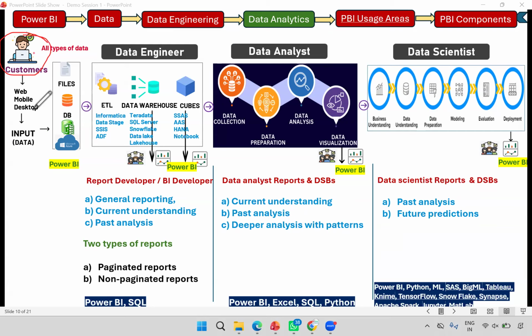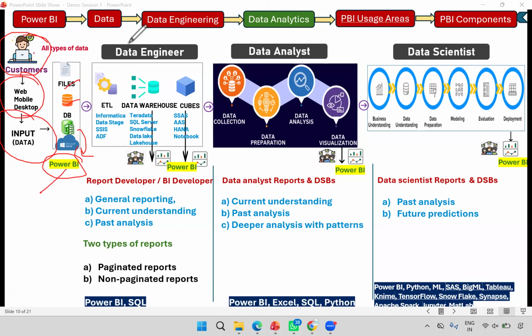General customers, different applications, input data, your data stored, and Power BI used in this area for reporting. Some people directly in this area also use Power BI.